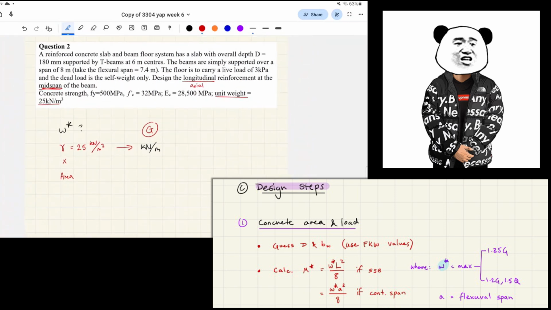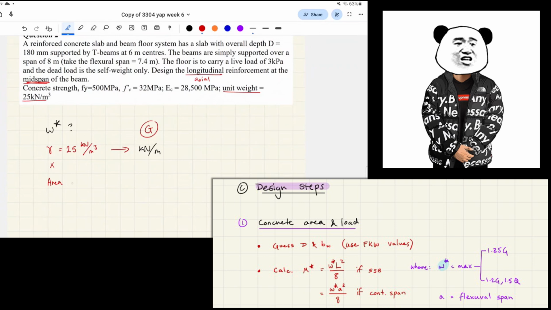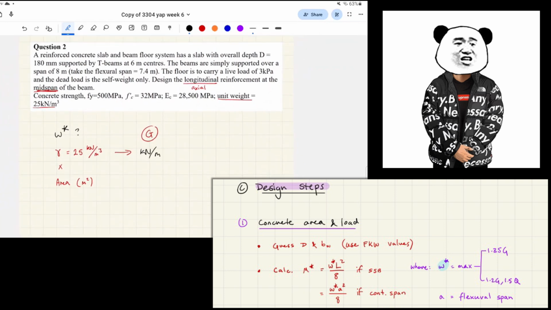Your concrete beam has a length and a width. Just be careful with the language here. The length refers to the beam direction, the span. You're talking about the width and the depth.